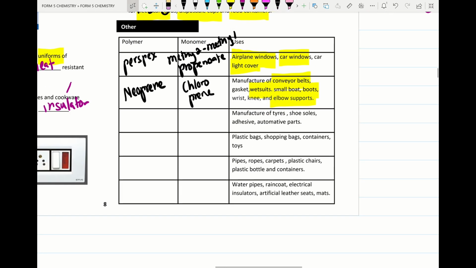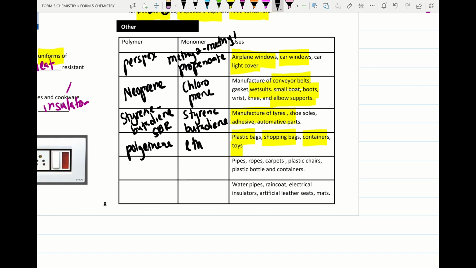All right, so next one, under manufacture of tire, soles of shoes, we will use styrene butadiene, or we call SBR rubber. The monomers of styrene butadiene are styrene and also butadiene. Next, plastic bag, shopping bag, container, toys, will be under polyethylene and the monomer name will be ethene.